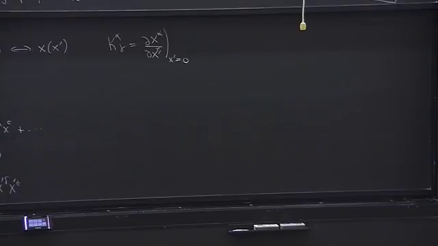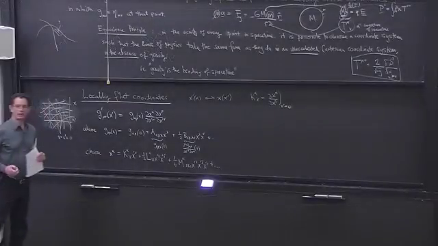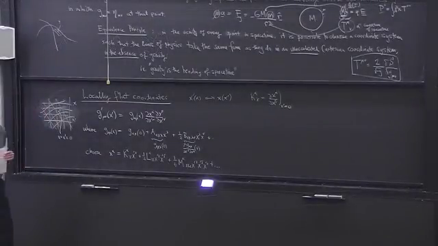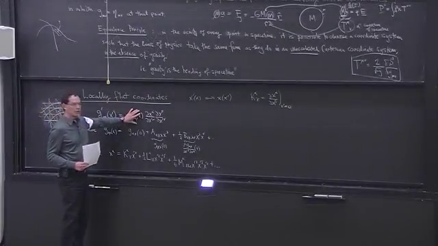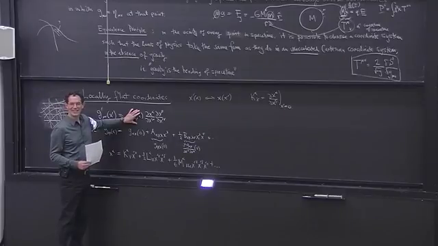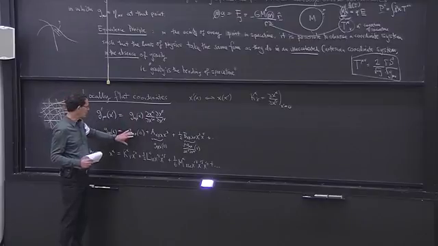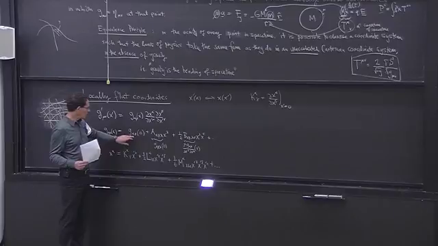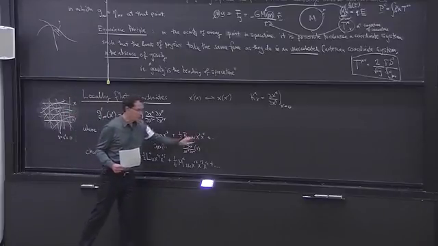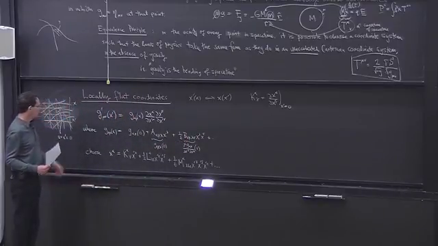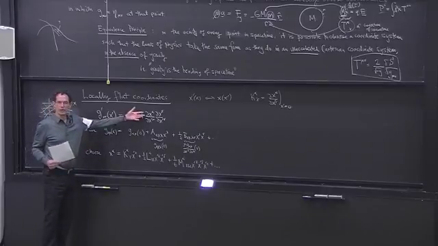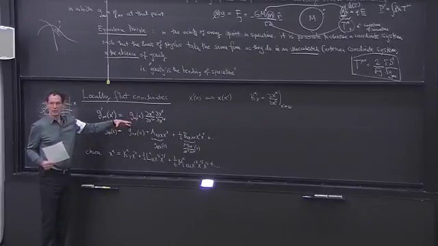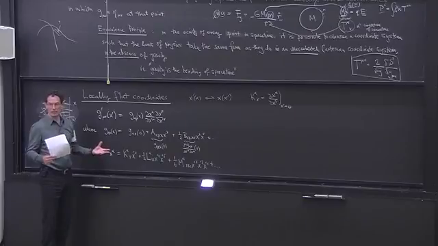Is that clear? I've got some metric, some random function of x, but I'm going to assume I can differentiate it, and therefore it has a Taylor series. So it has a value at 0. This is the expansion, and this is the Taylor series. And then I have this freedom to define x of x prime, or x prime of x.